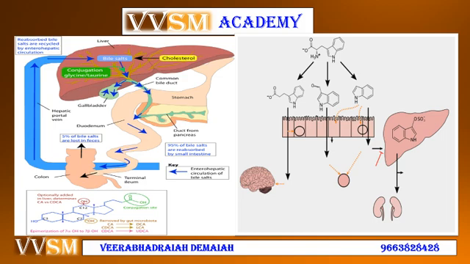Now coming to the importance of chemical compounds which are present in our body. Reabsorbed bile salts are recycled by enterohepatic circulation. So these are higher sciences of microbiology, where the liver has a function.